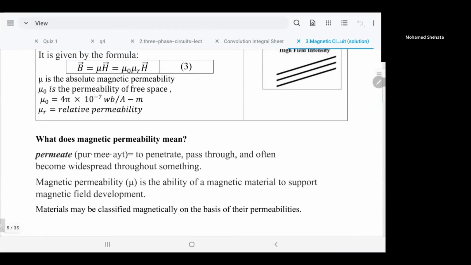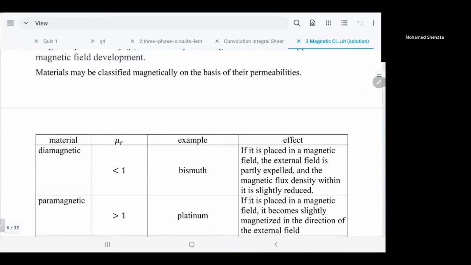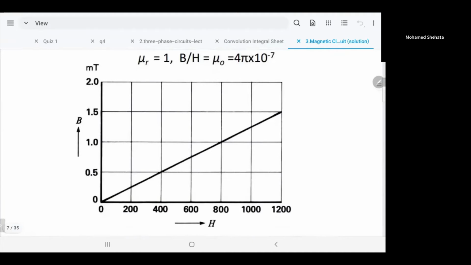So the relationship between the intensity and density is mu, and usually it is sketched as a curve for each material. Let me show you. For free space, it's a linear relationship between H and B. Usually you put H on the x-axis. How do they create H?